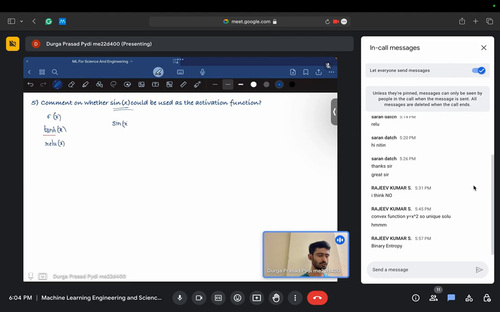Say for that matter cos x. Like sin x, cos x, can I use these as my activation functions? So do we have any requirements for an activation function? For now I'm keeping aside the fact that it needs to be computationally least expensive to calculate.